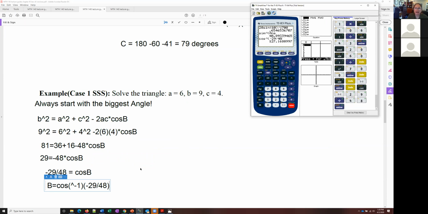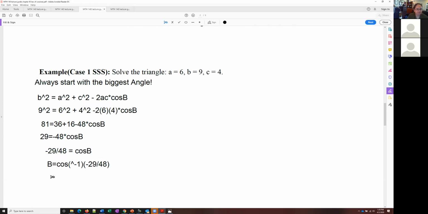And that tells me that angle B is about 127 degrees. Next, I would need to find one of the other angles. It doesn't matter which angle you do next.